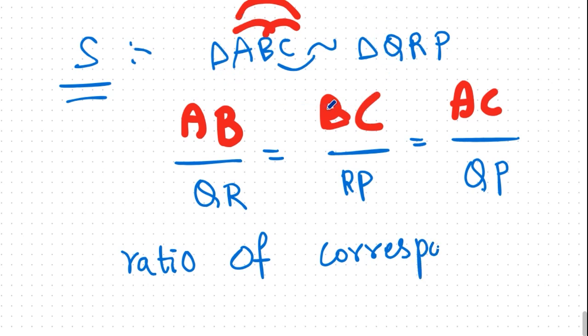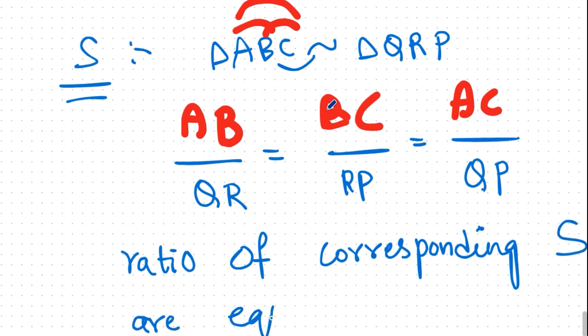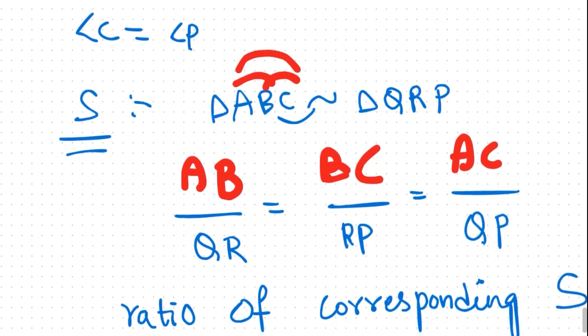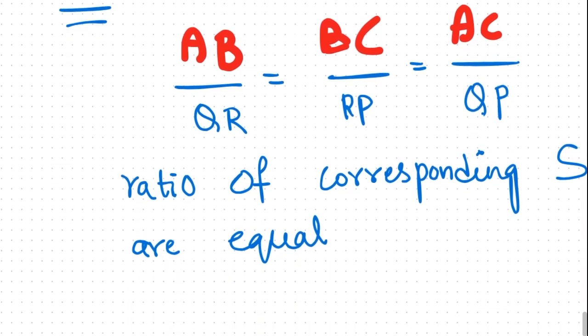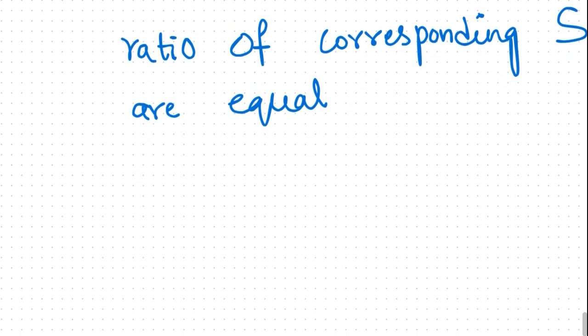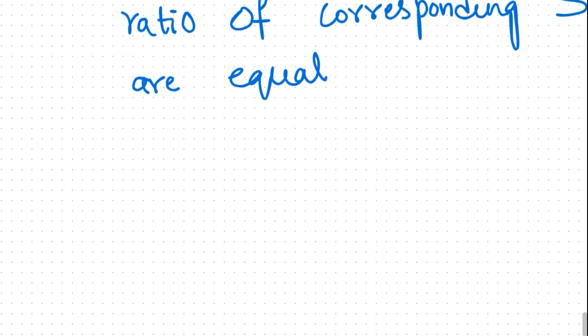The ratio of corresponding sides should be equal. So this is how we test the sides, and in the earlier case we discussed how we test the angles.